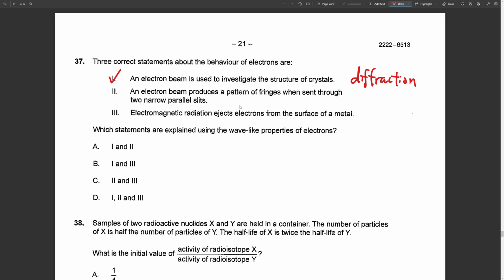Statement 2, the electron beam is passing through 2 narrow parallel slits and therefore once again diffracts. So it is another diffraction, another wave-like property demonstration. And the last one is electrons being ejected from a metal surface upon the incidence of light, and this is considered as photons falling onto the metal surface, and it is a particle-like property of electrons. So the correct answer is 1 and 2, option A.